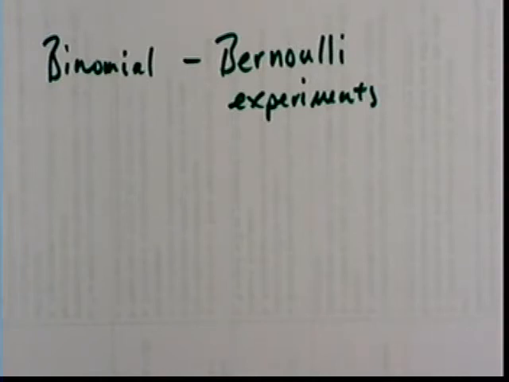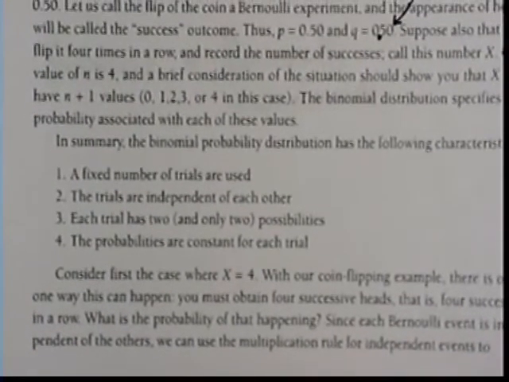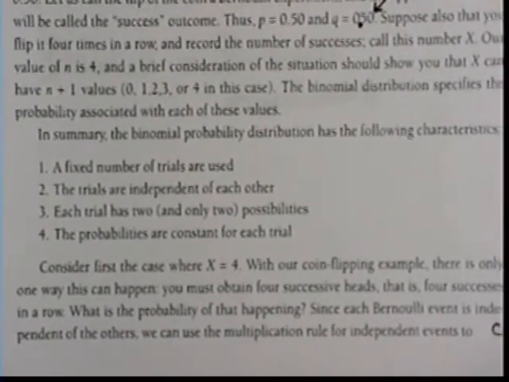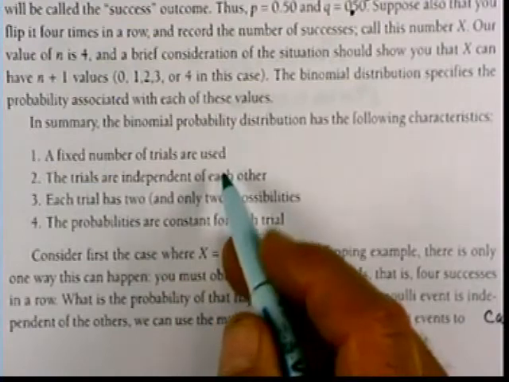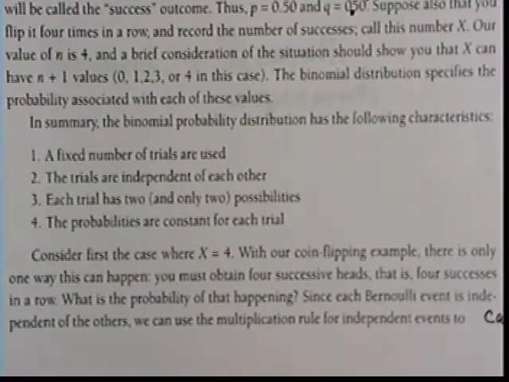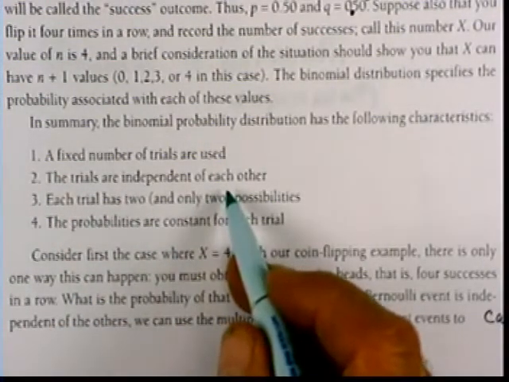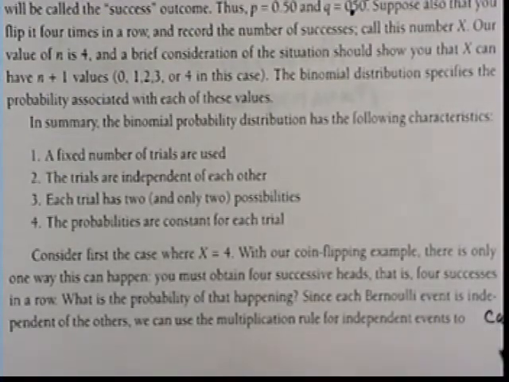So the binomial probability distribution is going to have these characteristics. It's going to have a fixed number of trials. That is, we're going to flip a coin 20 times, 15 times, whatever. The trials are independent of each other. The result on the first trial has no effect on the result on the second trial.